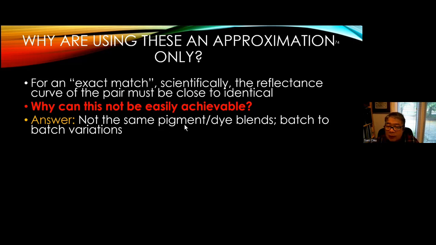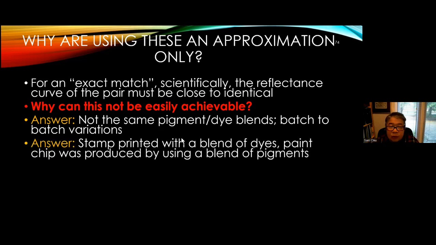A pigment usually means it doesn't dissolve in the medium; it is still there in physical form, whereas a dye dissolves in the medium. It may be a solvent, it may be water. So if you are not using the same pigment or dye that was used in the stamps on the chip, then you are only getting an approximation.